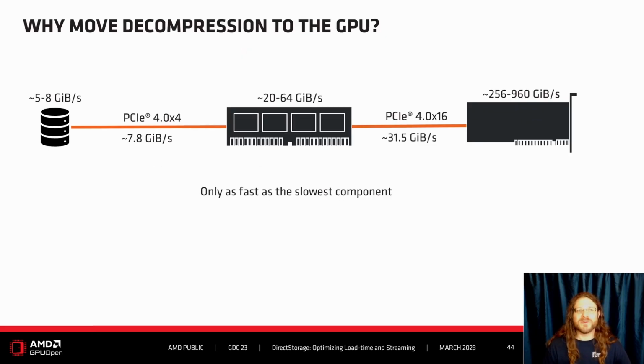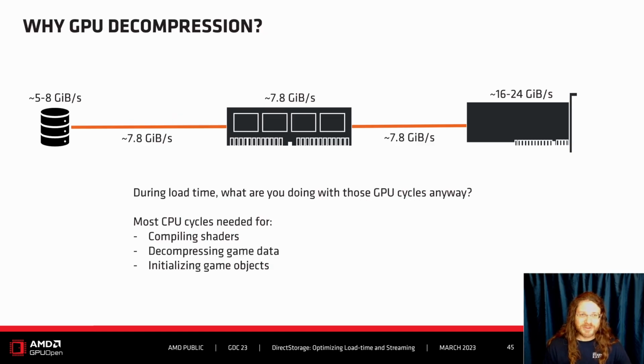So why do we want to move data decompression onto the GPU? Why don't we want it on the CPU? Well, we are only as fast as our slowest component, first of all, but also during load time, most of the time we're not using very many GPU cycles anyway. Most of the CPU cycles are needed for things like compiling shaders, decompressing game data, and initializing game objects.